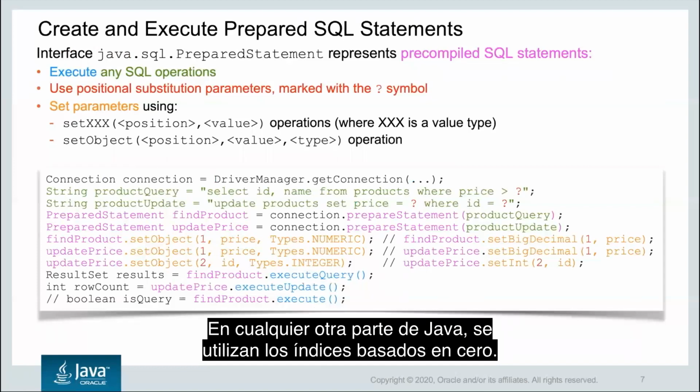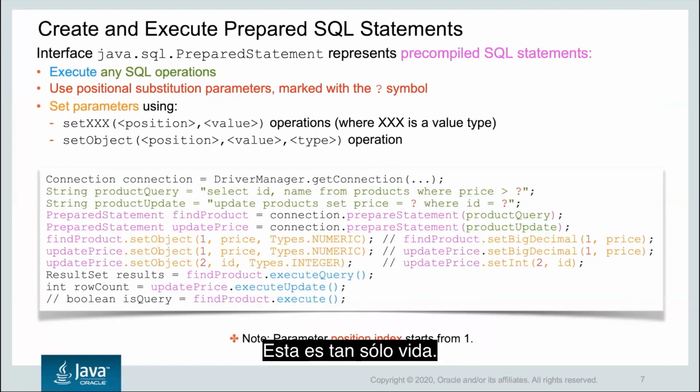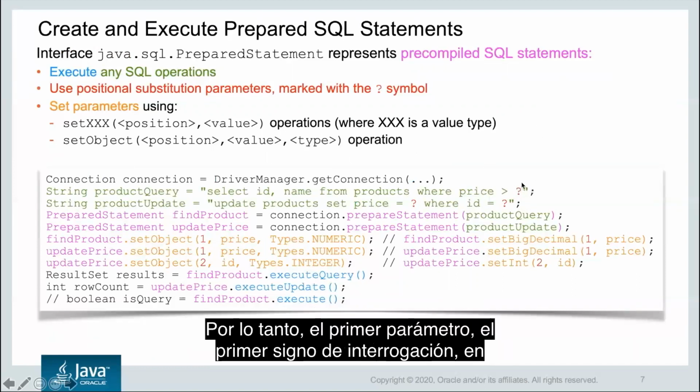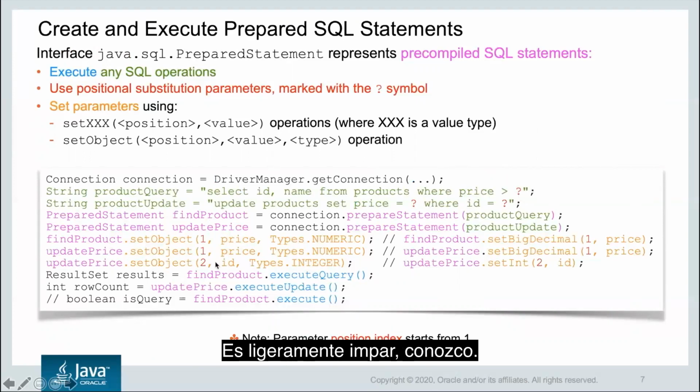Everywhere else in Java, the 0-based indexes are used, but in JDBC API, 1-based indexes are used. That's just life. Okay, that's historical reasons, whatever. First parameter, first question mark is actually position 1 rather than position 0. So slightly odd, I know.